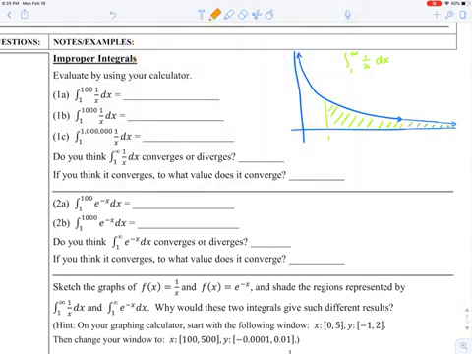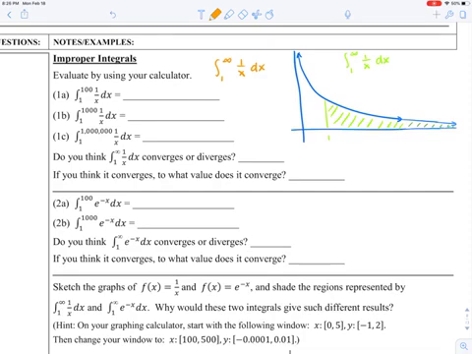Now, obviously, your calculator will not evaluate this integral if you go to Math 9. Number one, you don't have an infinity button unless you have a TI-89, and I can't really type in infinity. So we're going to fake our calculator into thinking infinity.